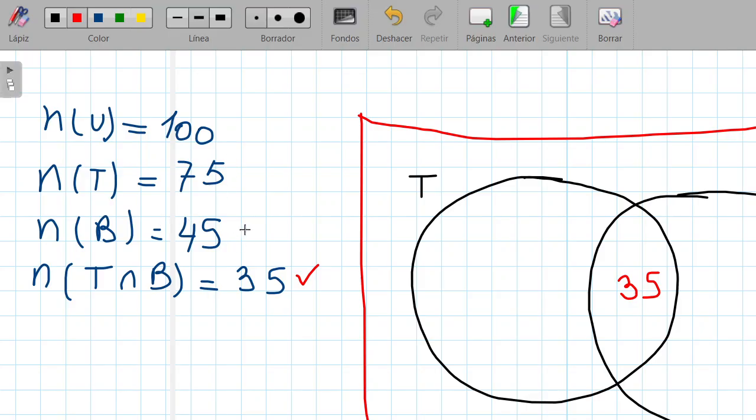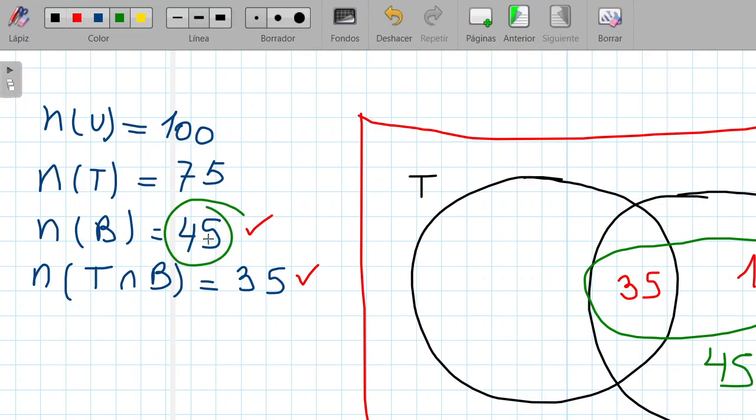Now, students who have a bicycle is 45, but we are also counting the ones who have a television. So 45 minus 35 will be 10. So here you will see the students who have a bicycle is 35 plus 10, 45, which is the result here.